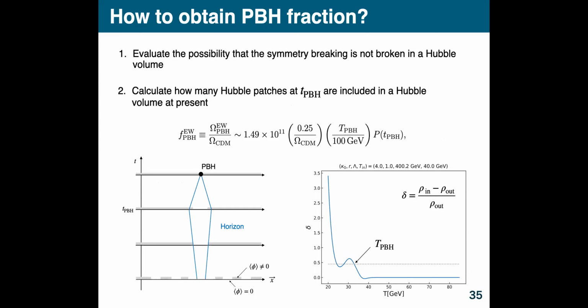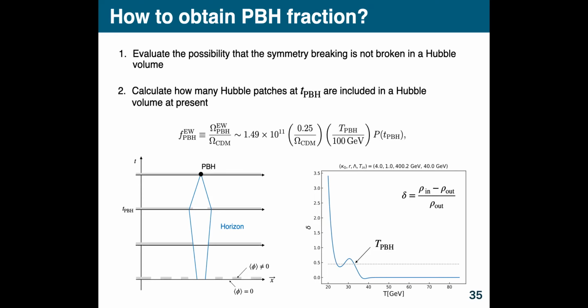First, we should evaluate the probability that the symmetry is not broken in a Hubble horizon. This probability can be determined by the transition rate of the phase transition. By using the transition rate, we can calculate the probability.